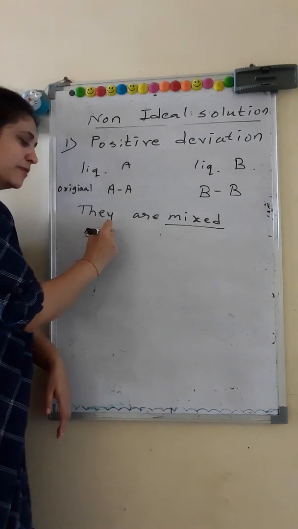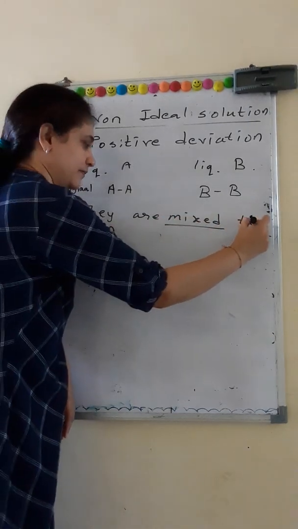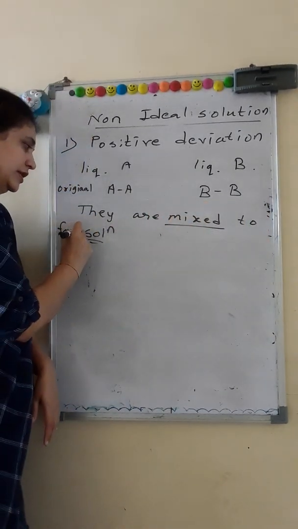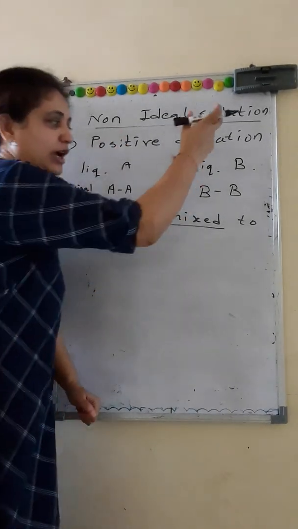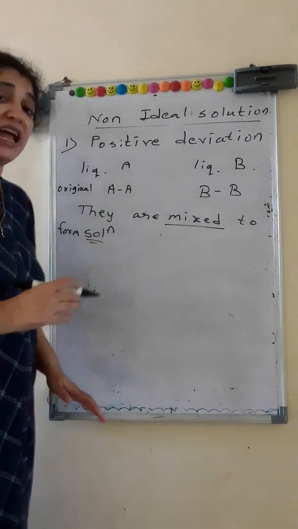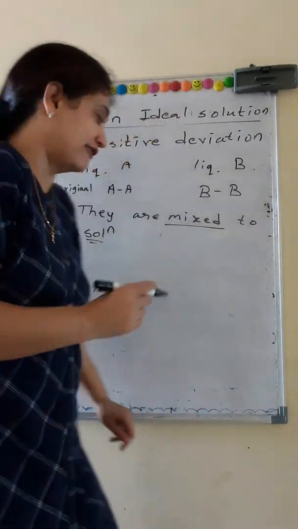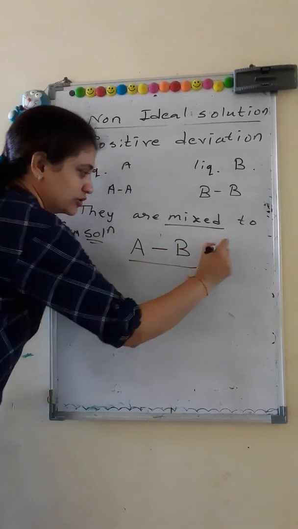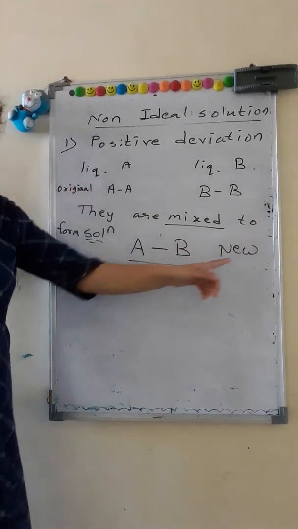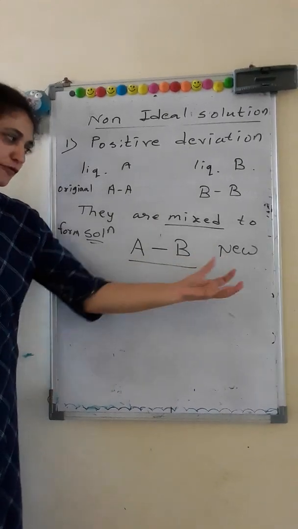When they are mixed, they form a solution. When they are mixed to form a solution, this A and A is broken, B and B is broken, and a new set of attraction is developed between both the liquids, which is A dash B. So this is a new set of bonding or force of attraction.